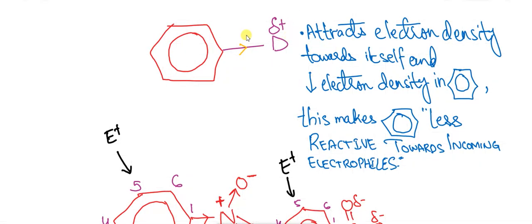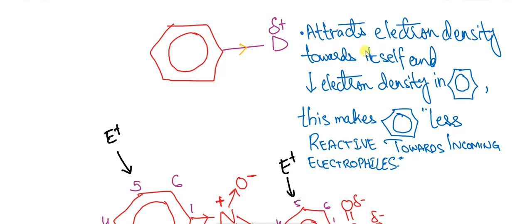The deactivating groups, as I told you guys, have a partial positive or a full positive charge actually. So what happens is that towards the positive charge, the negatively charged electrons from the benzene ring will get attracted. This group will start pulling the electron density away from the benzene ring.